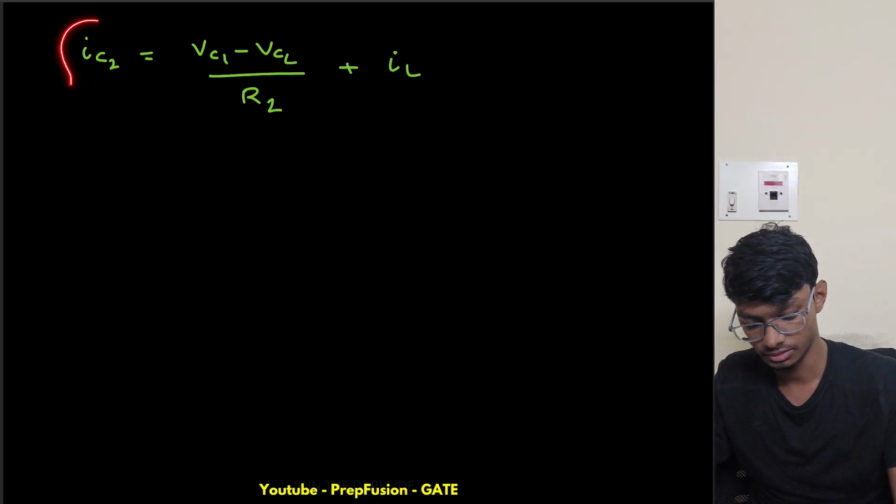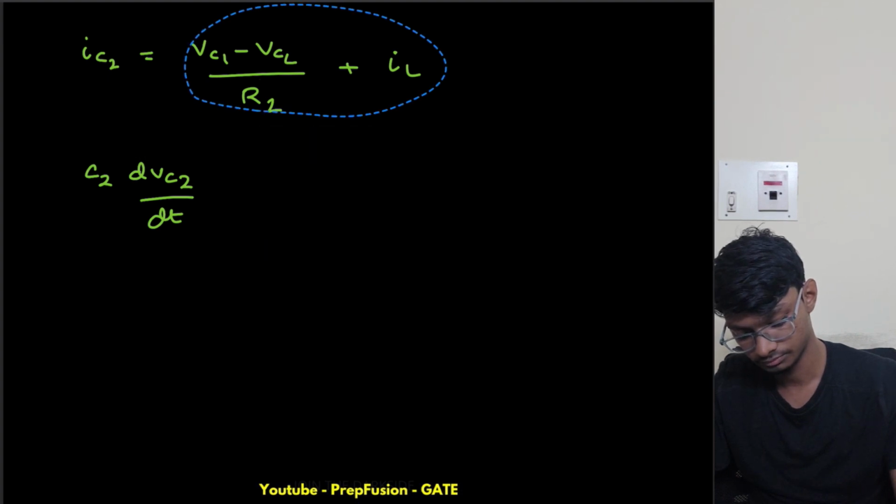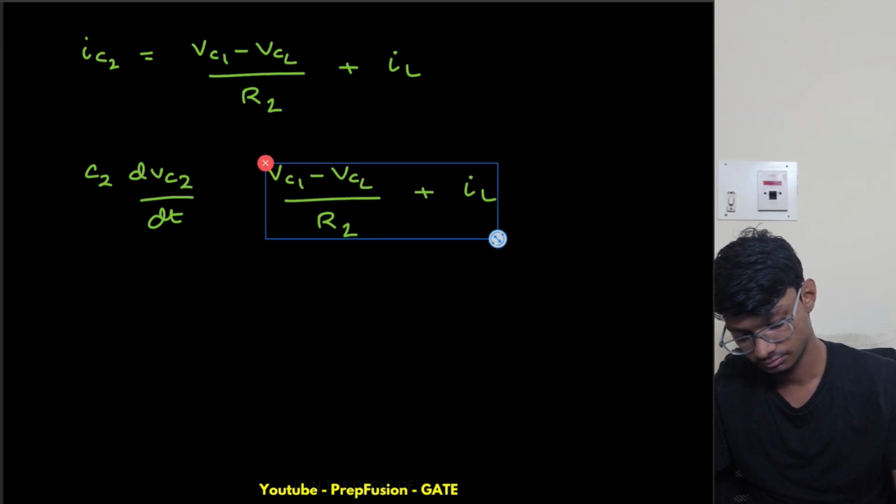Now this is what will help me find it: this is C dVc by dt, so this is C2 dVC2 by dt. Let me copy this only and change the color.